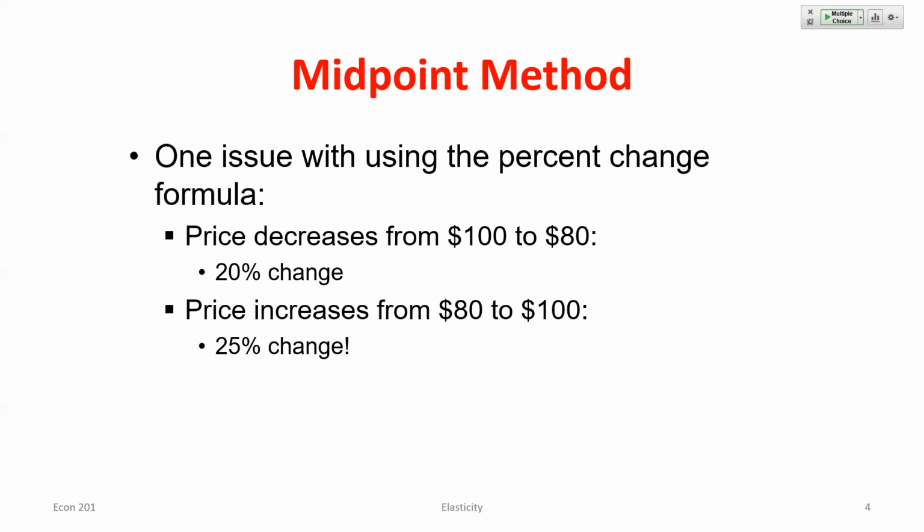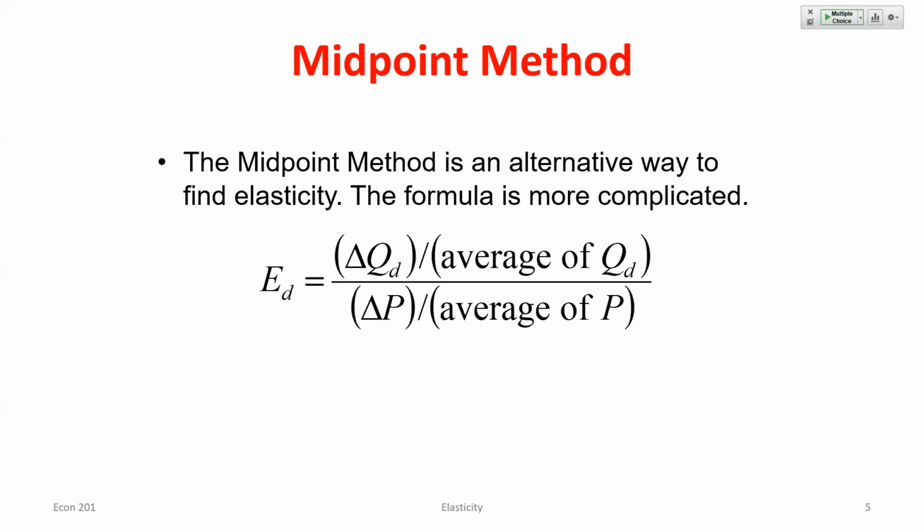It doesn't matter if I start at 80, it doesn't matter if I start at 100. For that portion of the demand curve, I should be coming up with the same elasticity measure for any value in that range. So what we'll do is look at the change in quantity and divide it by the average value of quantity there.